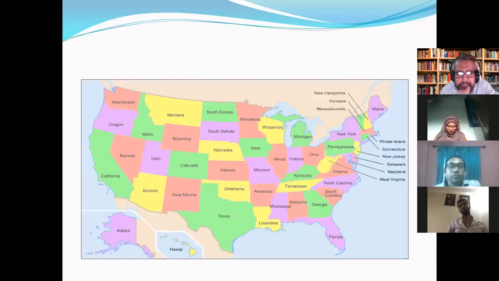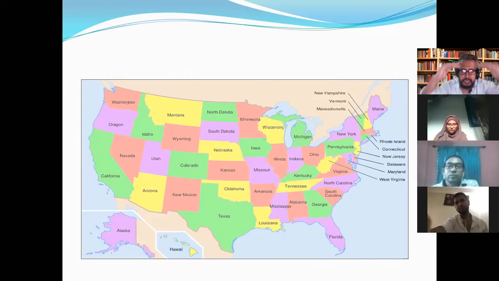Here you can see, this is the American map. Can you see the map? Yes, sir. Okay, this is the American parts. This is the upper part of the map, that means the north side.